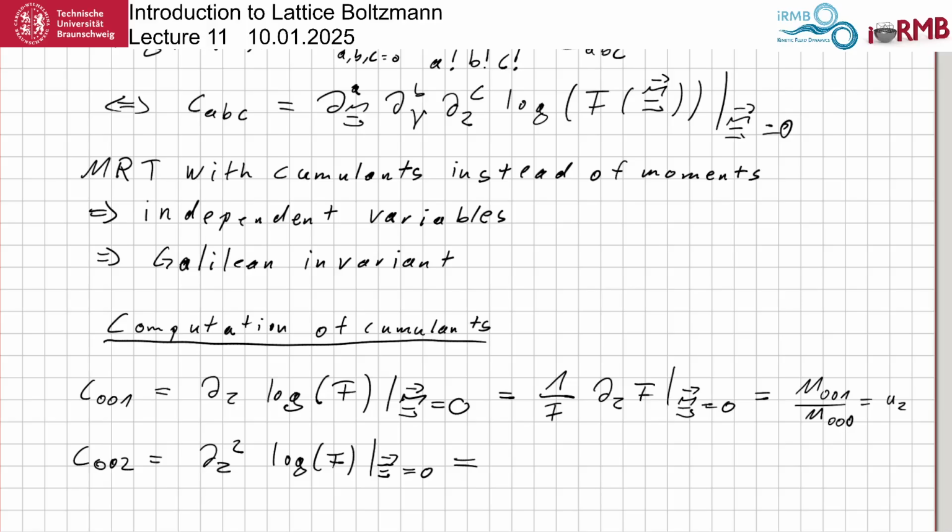So now again, chain rule. What you'll end up with is d set f squared divided by f squared plus d set, the second derivative of f, divided by f, and all of this evaluated at xi equal to 0.